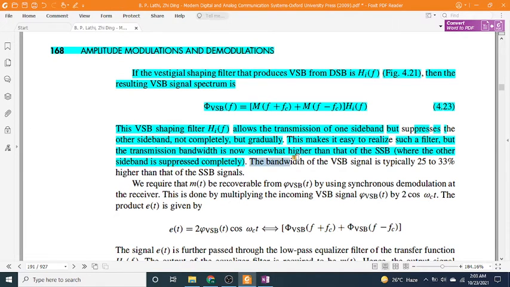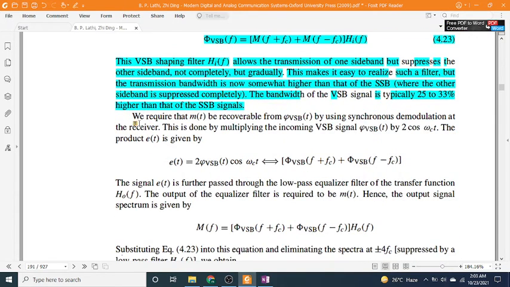The bandwidth of the VSB signal is typically 25 to 33% higher than that of the SSB signals. We require that m(t) be recoverable from φ_VSB(t) by using synchronous demodulation at the receiver. This is done by multiplying the incoming VSB signal φ_VSB(t) by 2cos ωct.